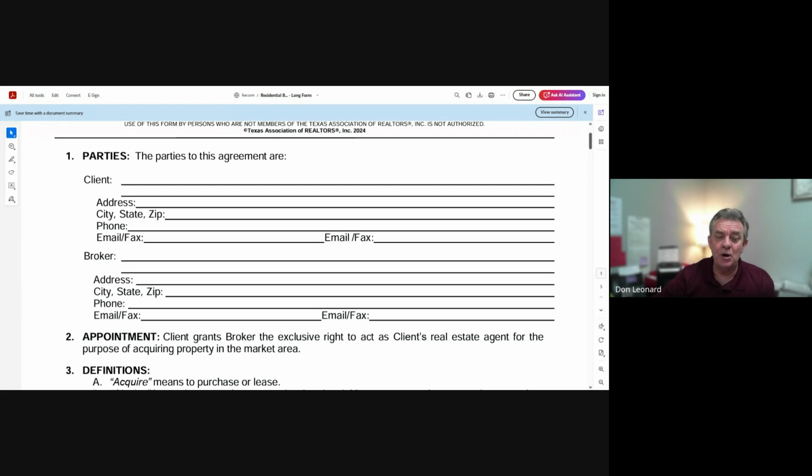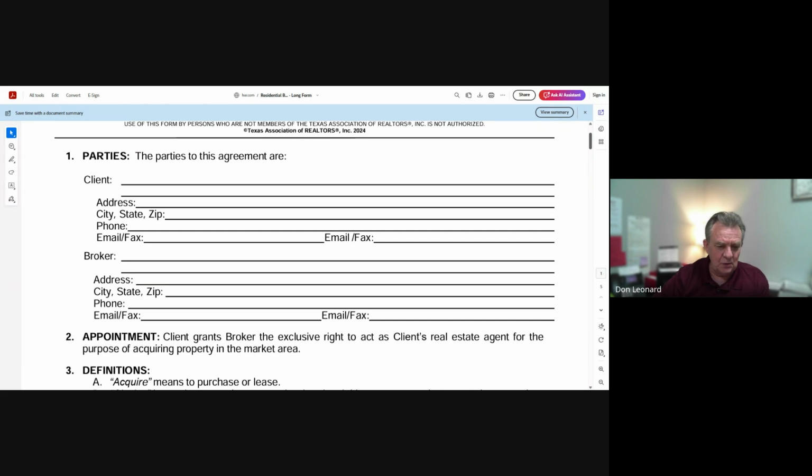And of course, under broker, sometimes we see people put Marty's name in there. That really needs to be HomeSmart. And for the life of me, I do not understand why they don't just say brokerage, but they say broker. So some people take that literally, that we want the person's name in there. It really needs to say the broker's name is HomeSmart. And then, of course, address and city, state, and zip, phone number, email, all the contact information.